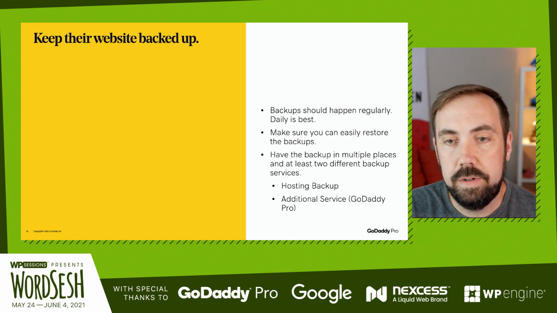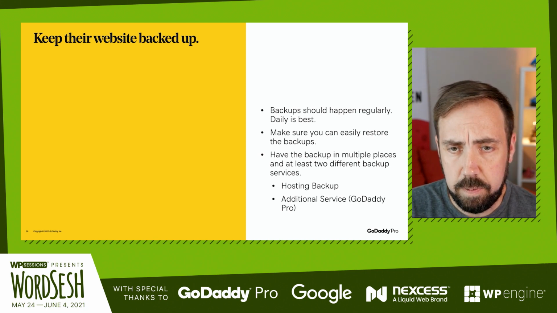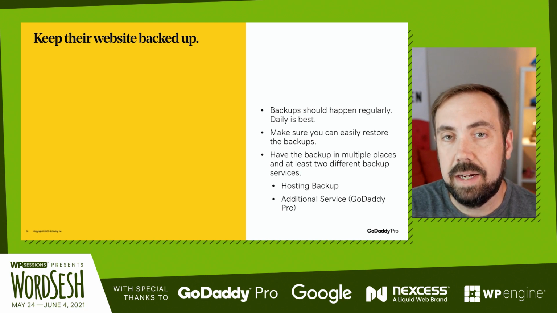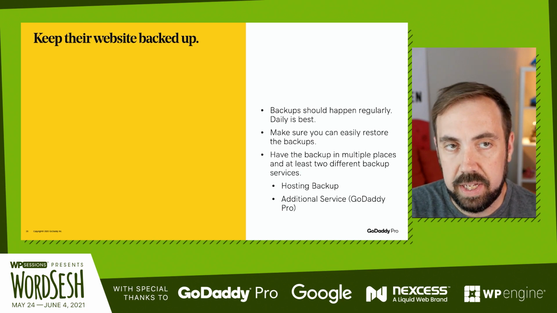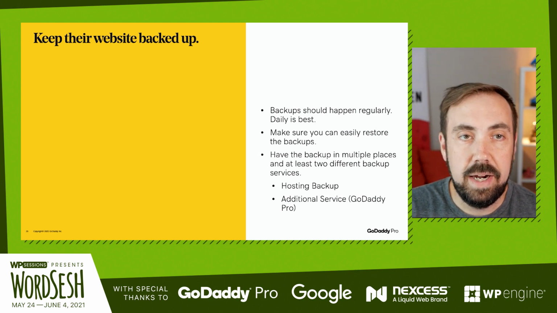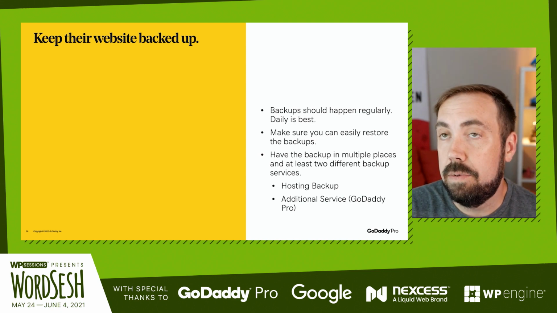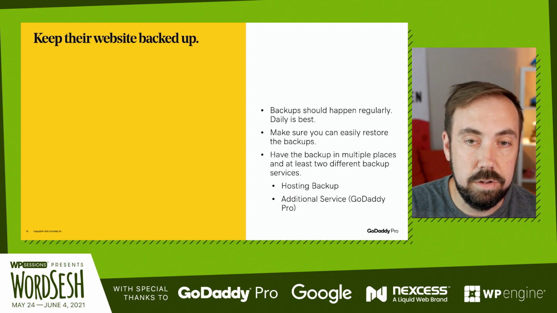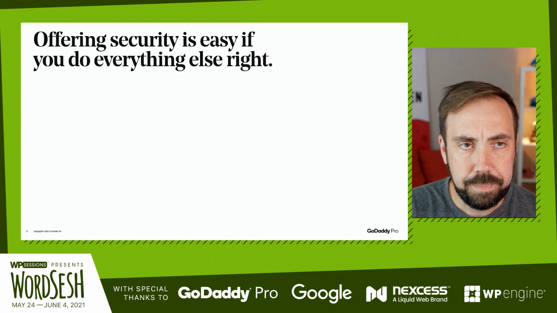Then we also use GoDaddy Pro, which I just showed you, formerly known as Managed WP, to run a secondary backup and store it over there, so that we always have two backups. In most cases, you only need the host backup, but it is nice for peace of mind to let your clients know that we are backing this up in multiple places. So they don't need to worry about losing that if the host goes away or something like that. You always have that secondary backup somewhere.